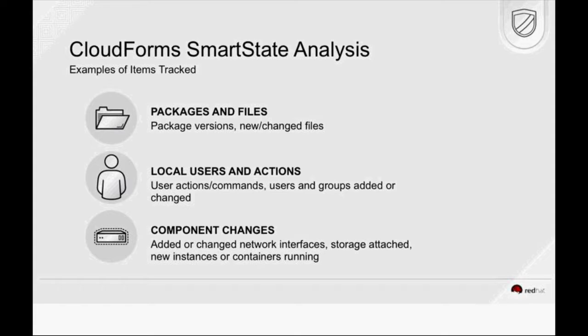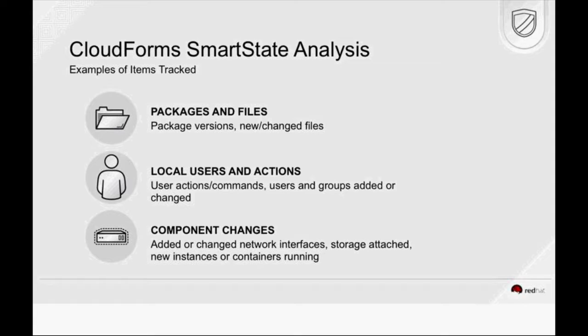And then component changes. We're tracking things like any additional network interfaces, like let's say someone brought up a new VLAN interface on a node that's outside of OpenStack, or a new network attached storage mount somewhere, or a new instance or a container that is not part of the OpenStack managed instances showing up.